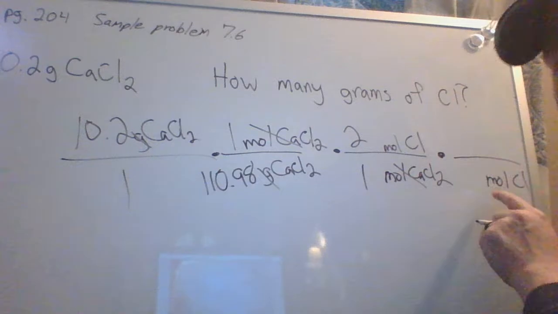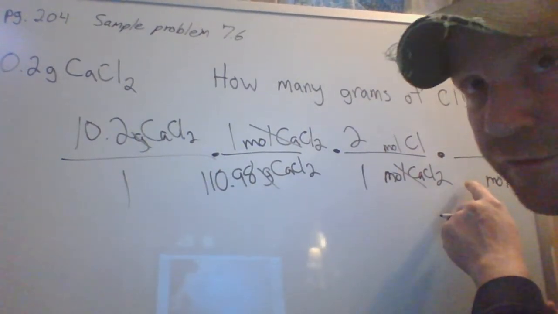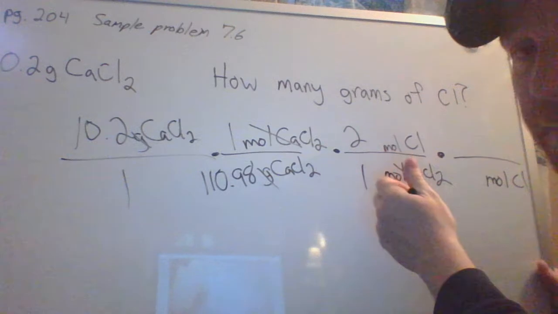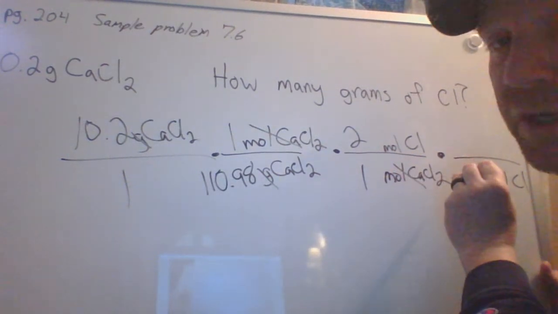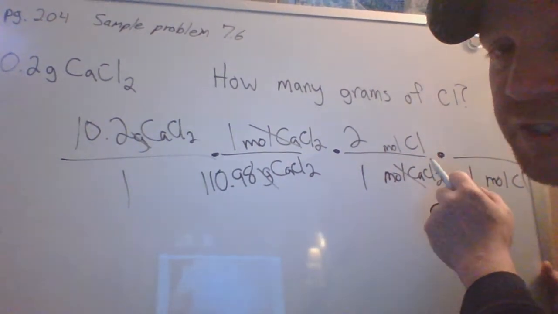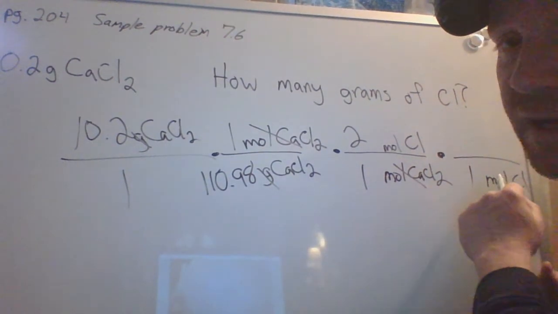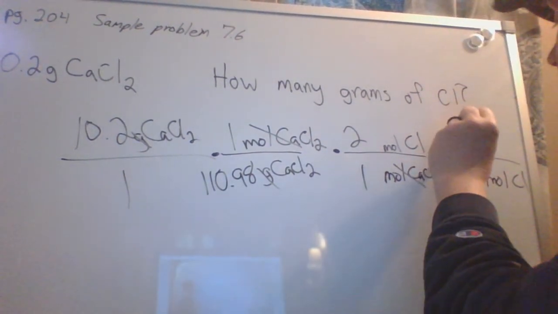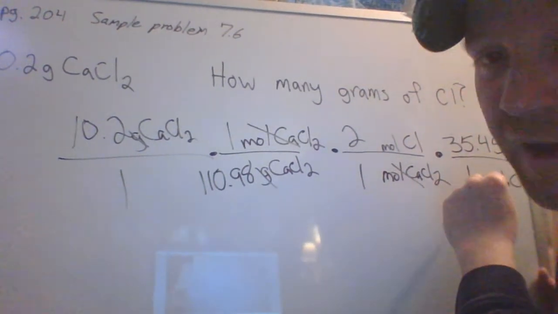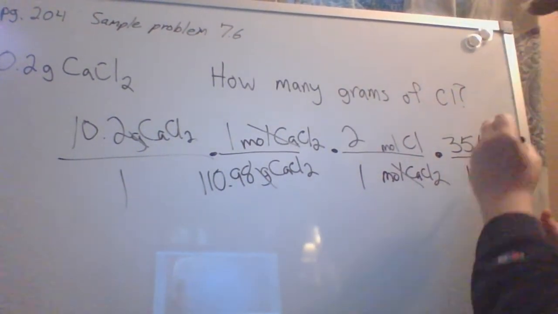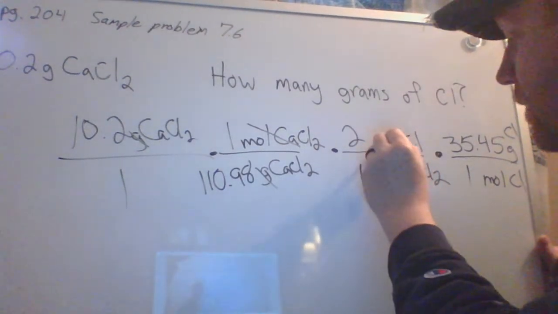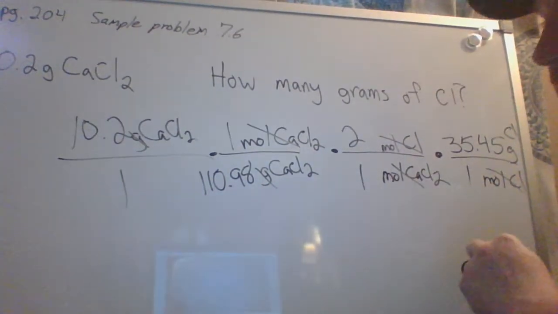When we're finding the molar mass of something, we're finding the mass of 1 mole of that substance. So we're going to set the mole here to 1. The periodic table tells you for every 1 mole of Cl, there are 35.45 grams of Cl. Moles of Cl, that cancels out.